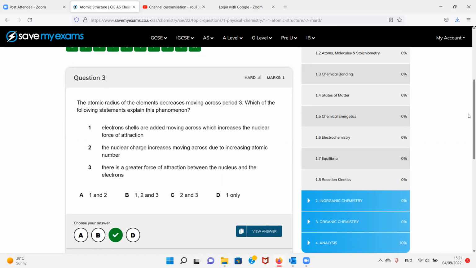No. The nuclear charge increases as we move across the group. This is correct. And also there is a greater force of attraction between the nucleus and the electrons, and this is also correct. And therefore, the answer is C, which is 2 and 3.